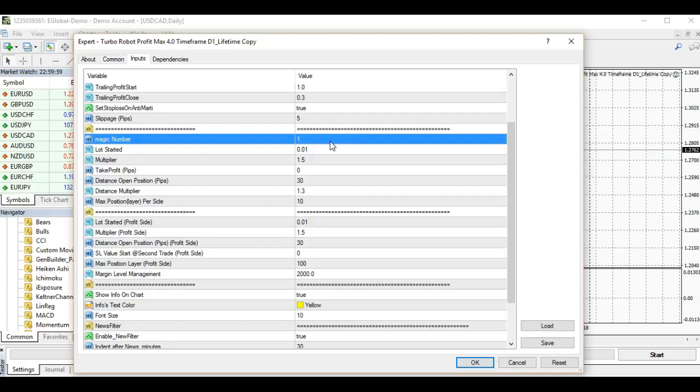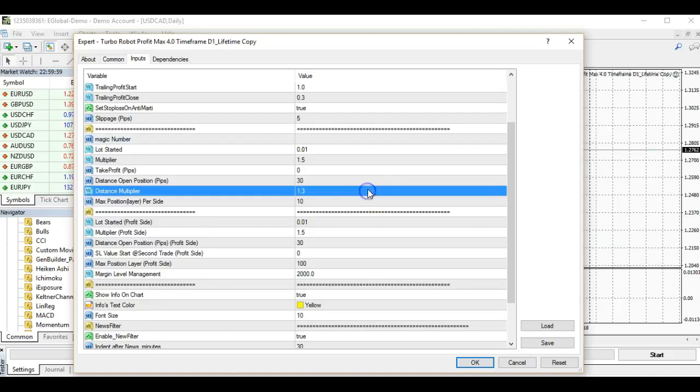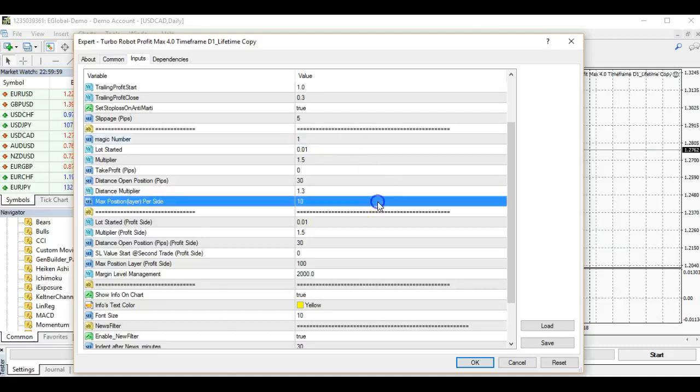So just put every currency like 1, then another currency pair 2, or it's up to you. You can put 0.1, 0.2, or 0.02. Every currency pair 1, 2, right?